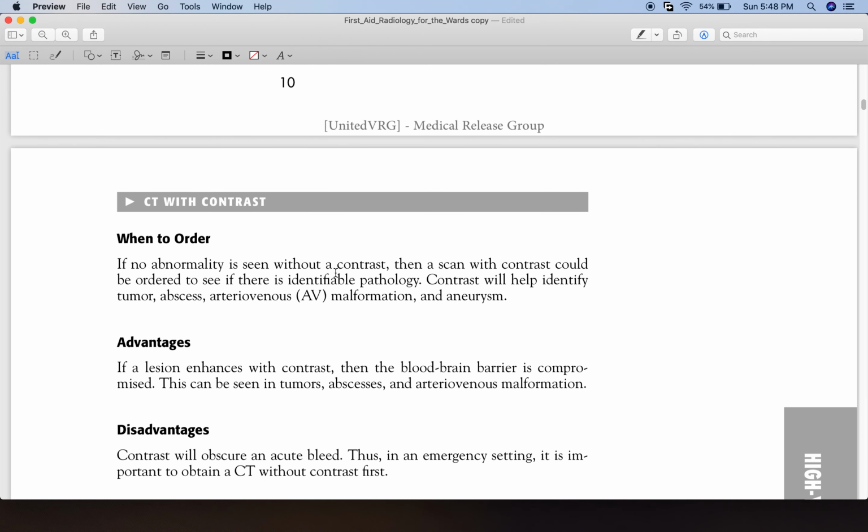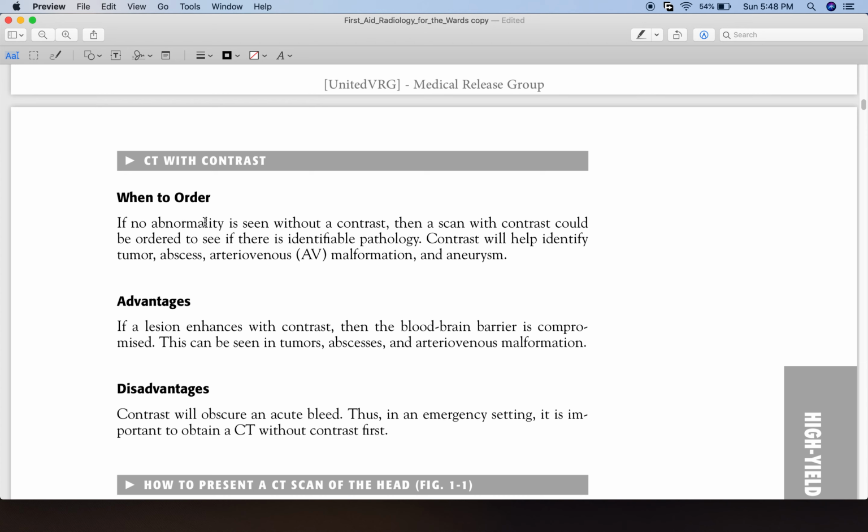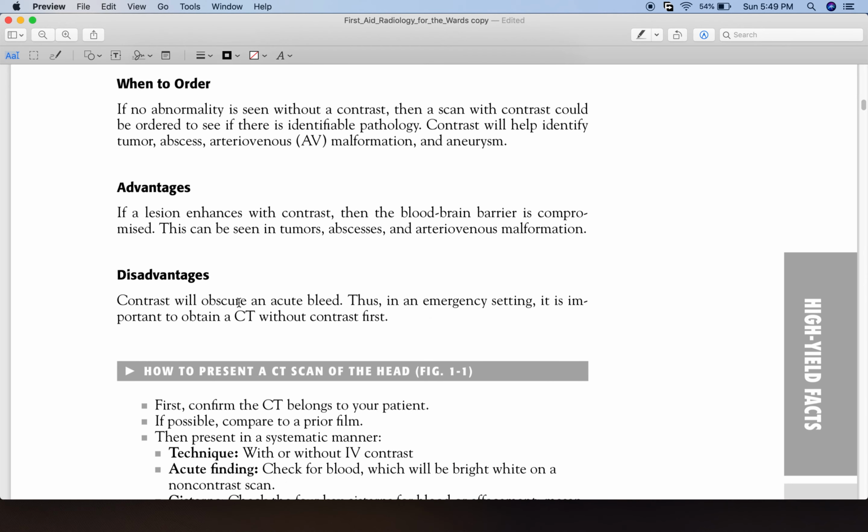All right, let's continue. CT with contrast. When to order it? If no abnormality is seen without contrast, then a scan with contrast could be ordered to see if there is an identifiable pathology. Contrast will help to identify tumor, abscess, arteriovenous malformation, and aneurysms. Okay, what about the advantages?